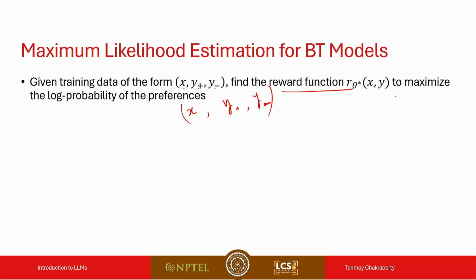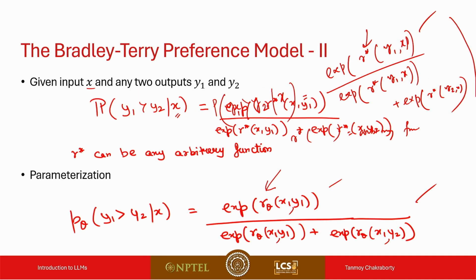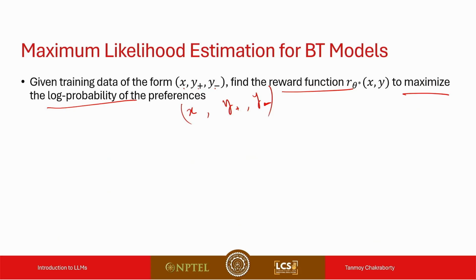How do we get this? We maximize the log probability of preferences, a simple log likelihood estimate kind of paradigm that we follow here. So we take the log of this and we maximize this. This is my likelihood.